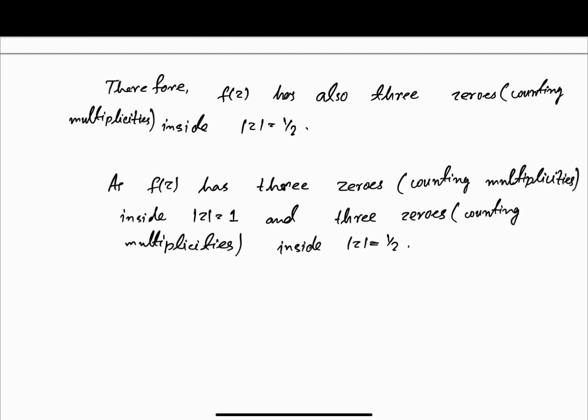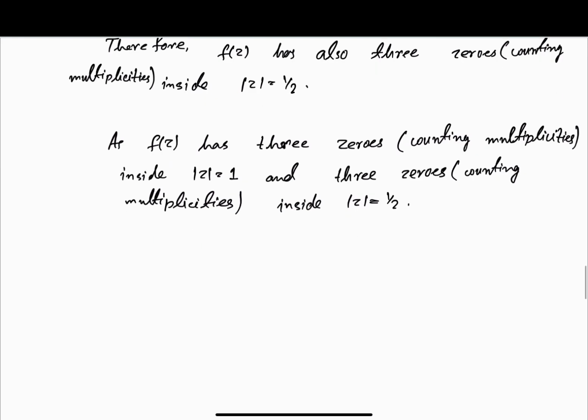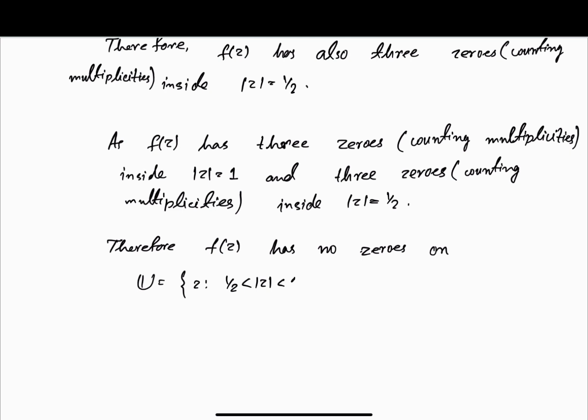So therefore there are no zeros in the annulus, right? Therefore fz has no zeros on U, the annulus half less than mod z less than 1.